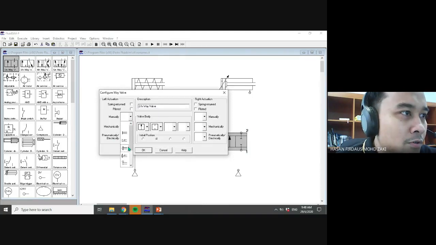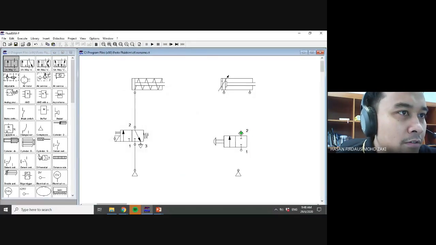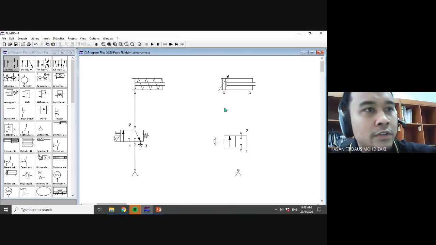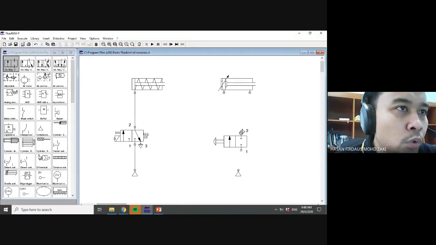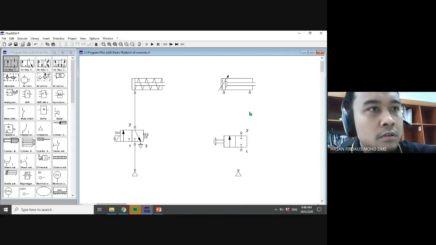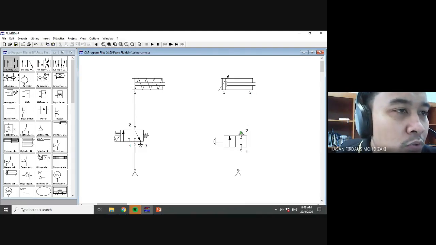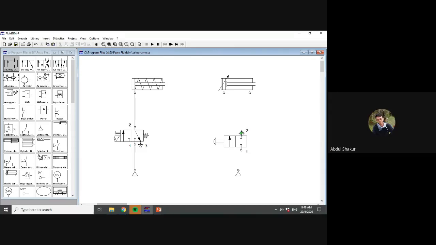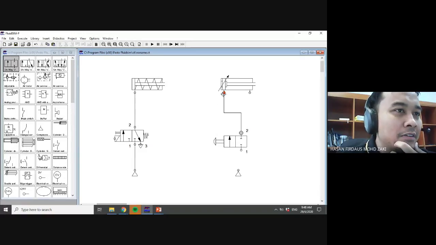We cannot retract. So this port 2, do you want to connect to the left or to the right? Left. Okay, let's try to the left. Source to port number 1.